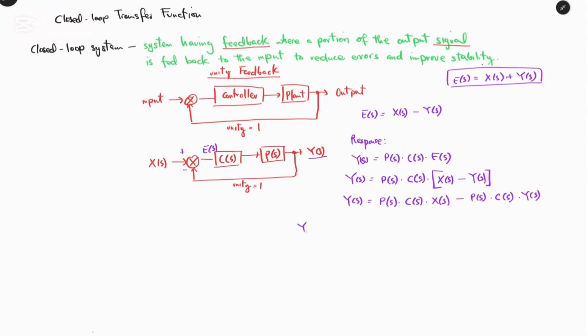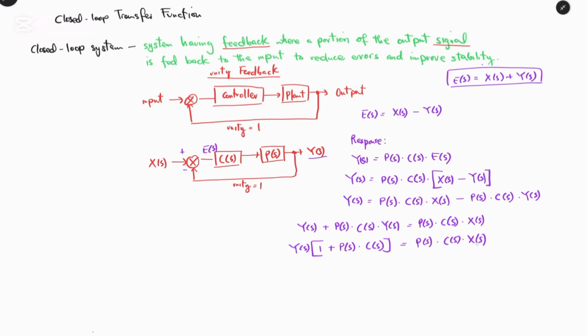We now have Y of S plus P of S dot C of S dot Y of S equals P of S dot C of S dot X of S. And we can bring Y of S outside, and it is now equal to 1 plus P of S dot C of S, which equals P of S dot C of S dot X of S.